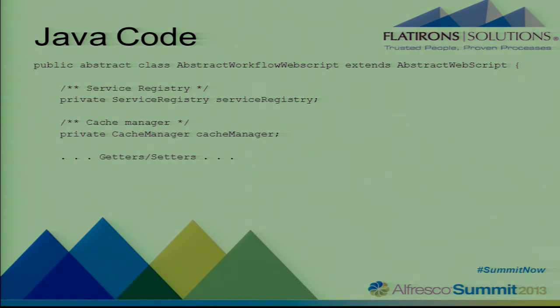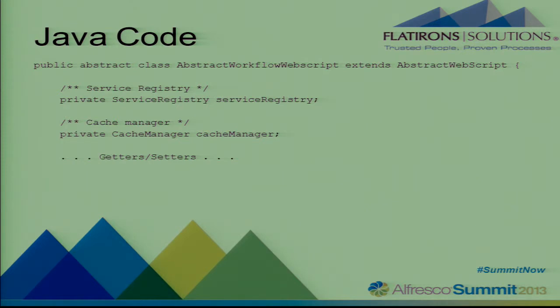So very simply, our second level in the previous diagram, the abstract workflow WebScript that we defined, we're going to need the service registry, and we just use that to get the workflow service so that we can actually go retrieve information about the workflows and the tasks.